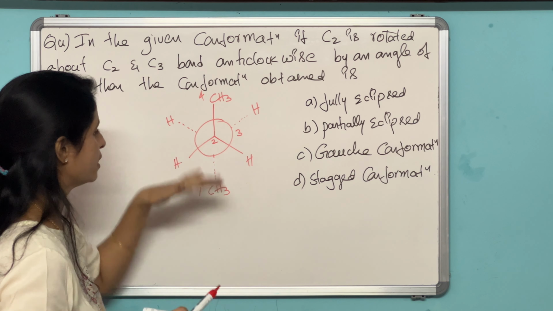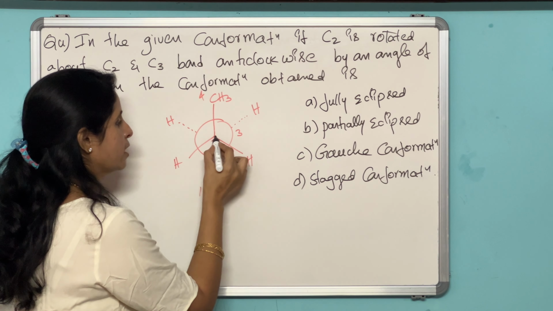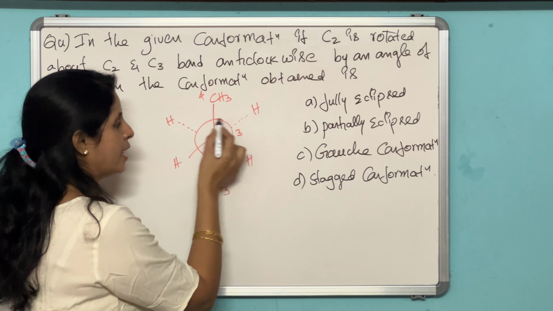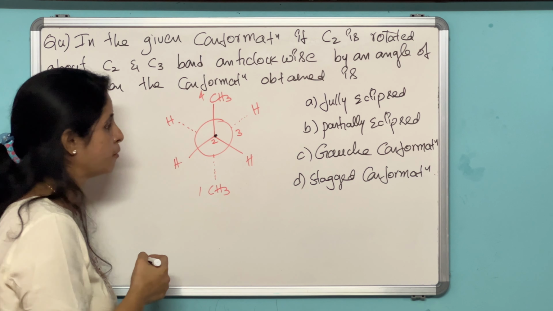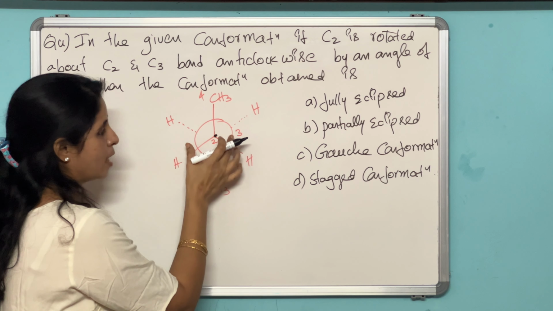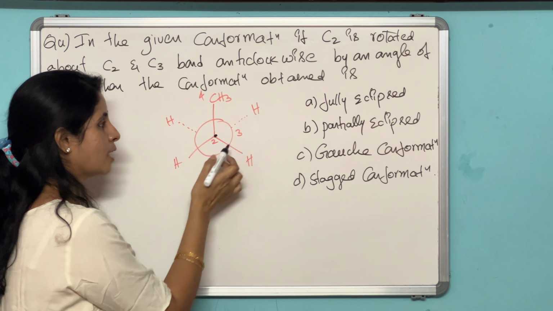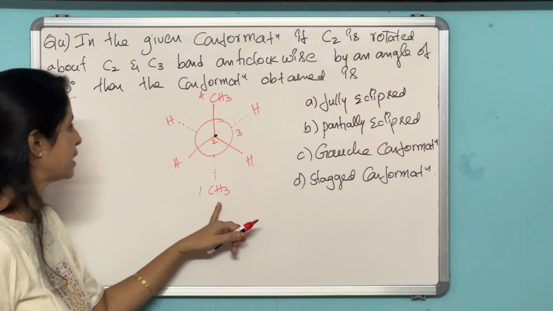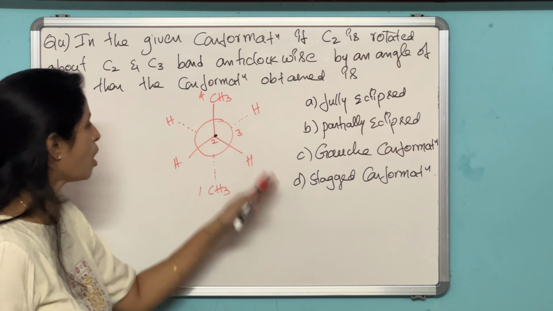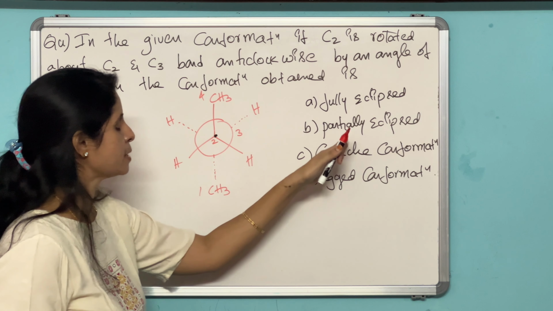He has given this one. C2 means the second carbon. If you observe this one, this is the C2 carbon and the circle is the third carbon. This is an n-butane conformation, and on the second carbon there are hydrogens and here it is the methyl group.